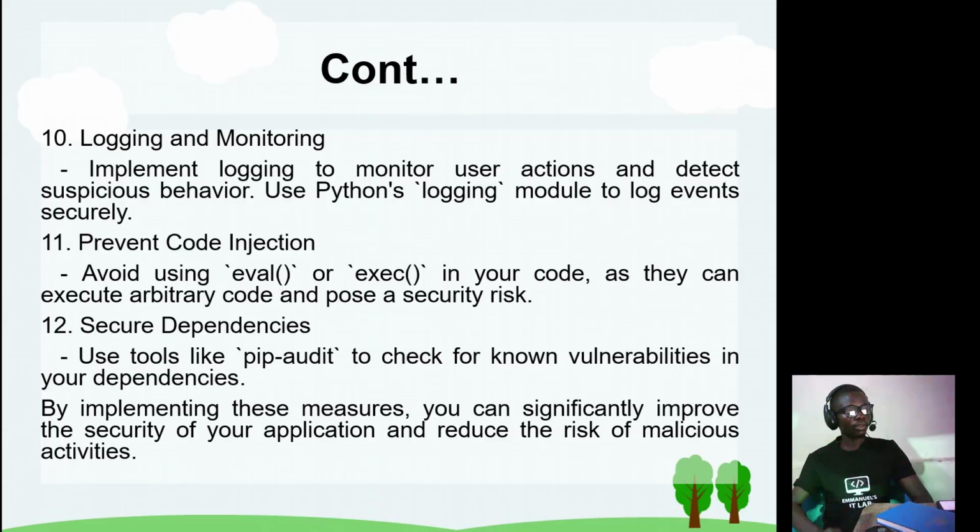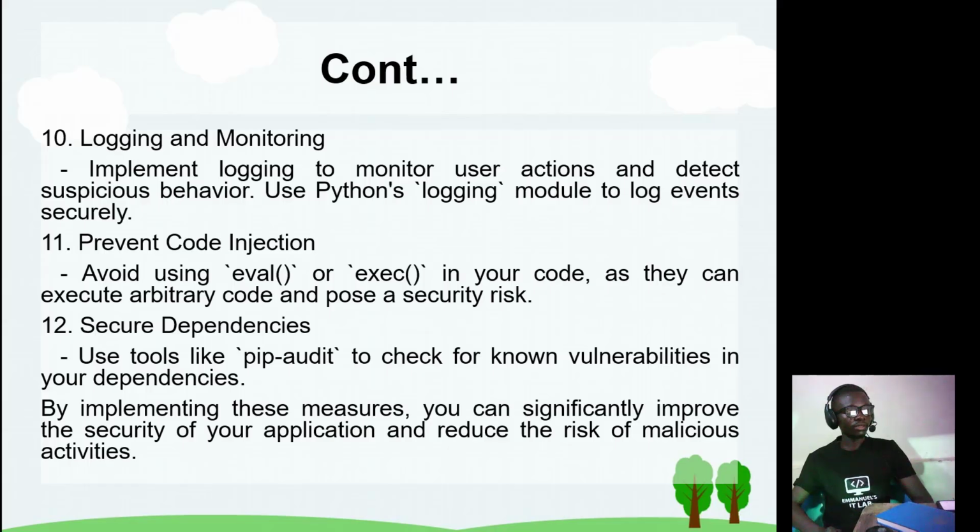Prevent code injection, that is point 11. Avoid using the eval function. That one is used mostly if you're doing calculations in graphical user interface applications. Avoid using it as it can execute arbitrary code and pose a security risk. The beautiful thing is there are other alternatives to it.